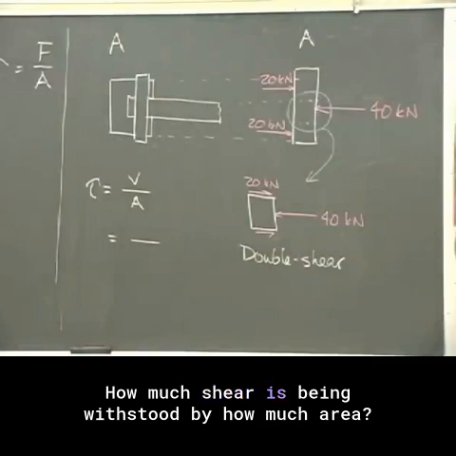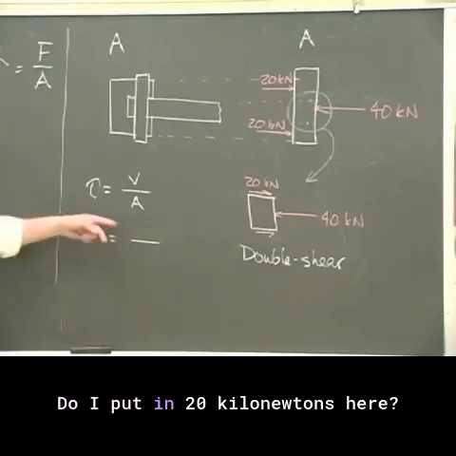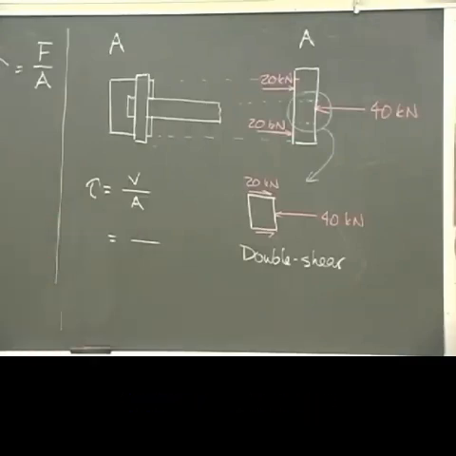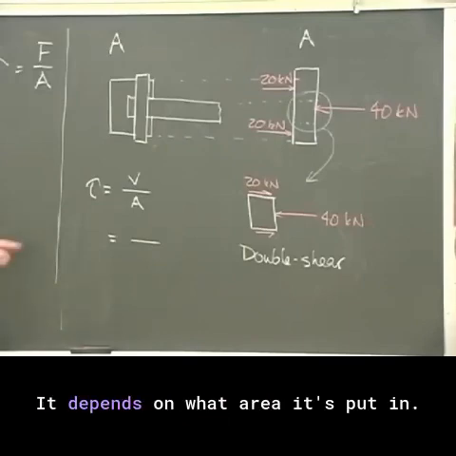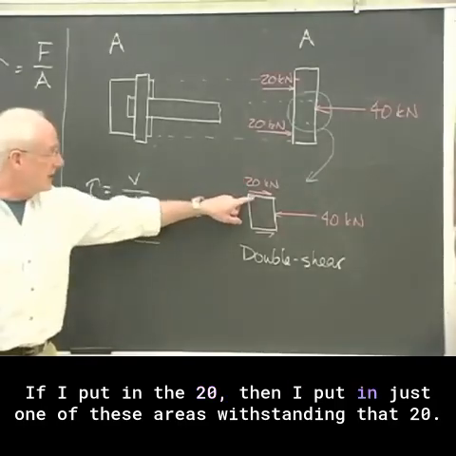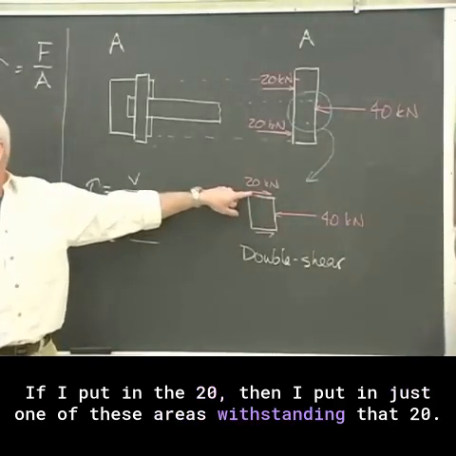How much shear is being withstood by how much area? Do I put in 20 kilonewtons here, or do I put in 40? What's your feeling? It depends on what area is put in. If I put in the 20, then I put in just one of these areas withstanding that 20.